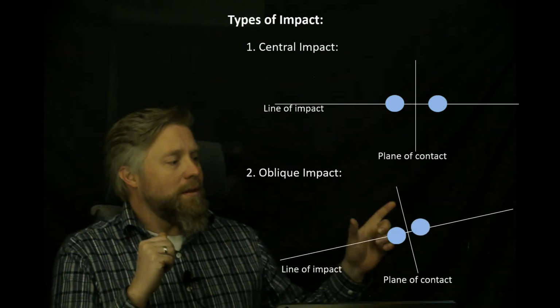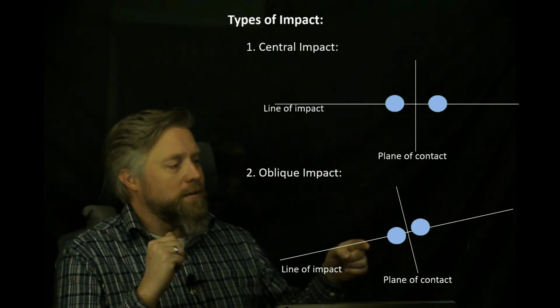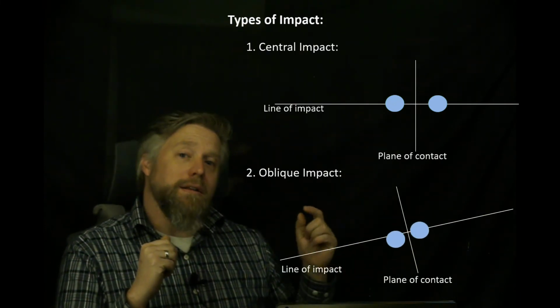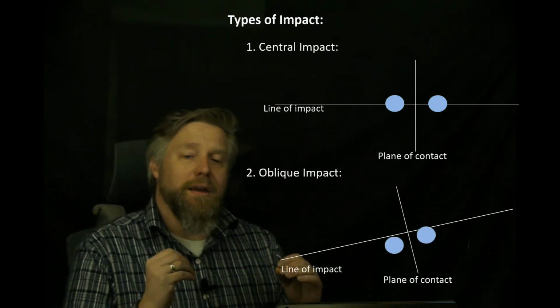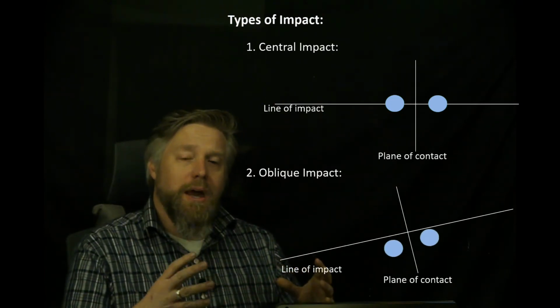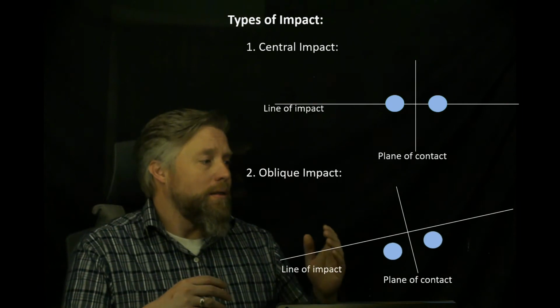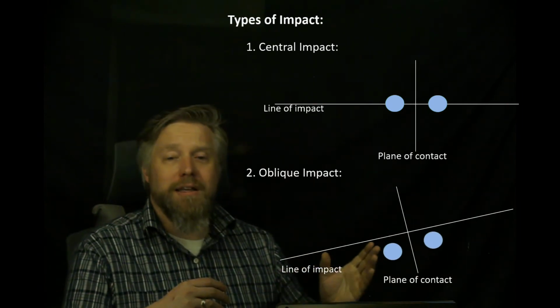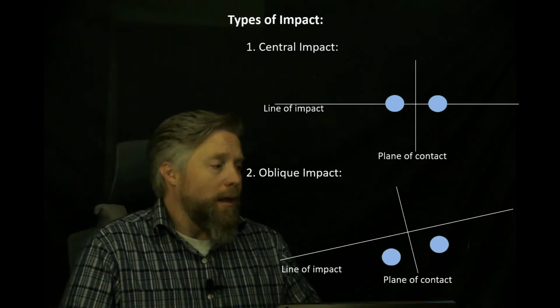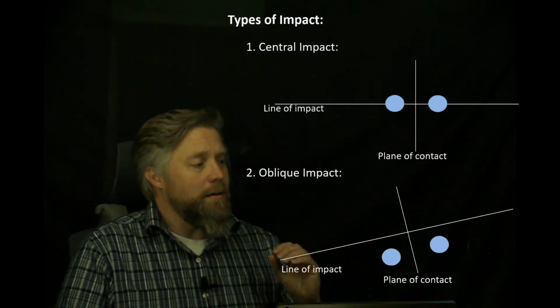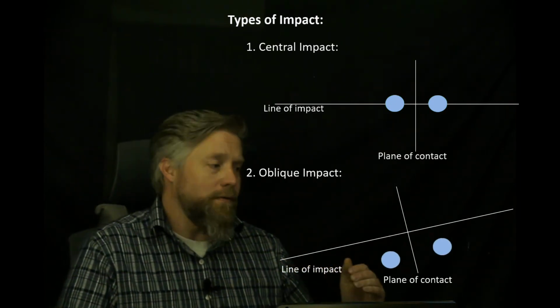The line of impact is still defined as a line that goes between the two mass centers at the instant they hit each other. The plane of contact is perpendicular to the line of impact. We still have those two things, but they're not always going to be as easy to find.